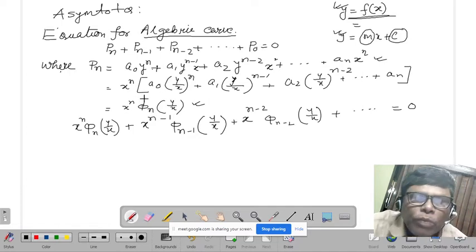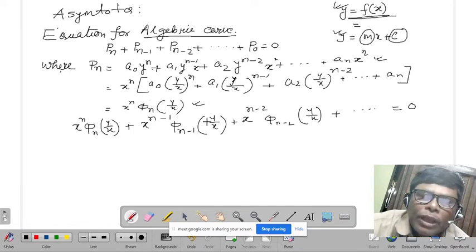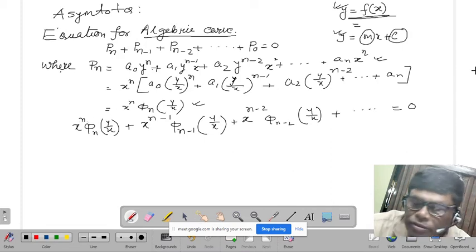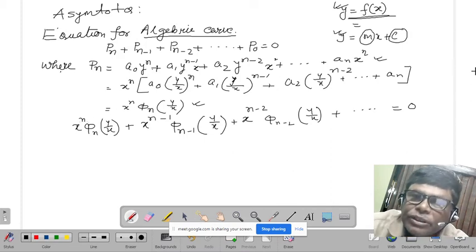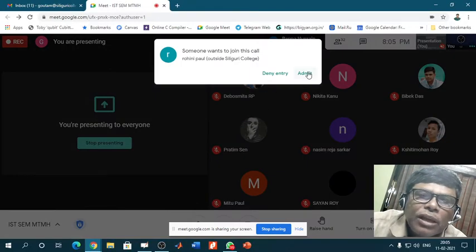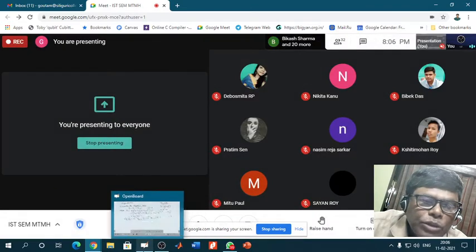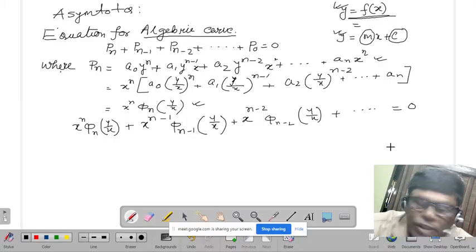Now the meaning of asymptote is that it will touch the curve at infinity. That is the characteristic of the asymptotes. Understood? So the characteristic of the asymptotes is that it will touch the curve at infinity.